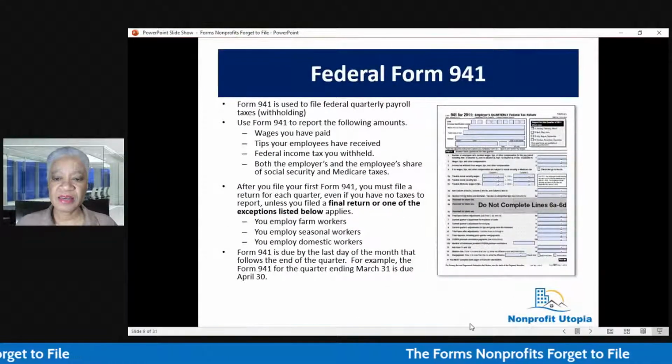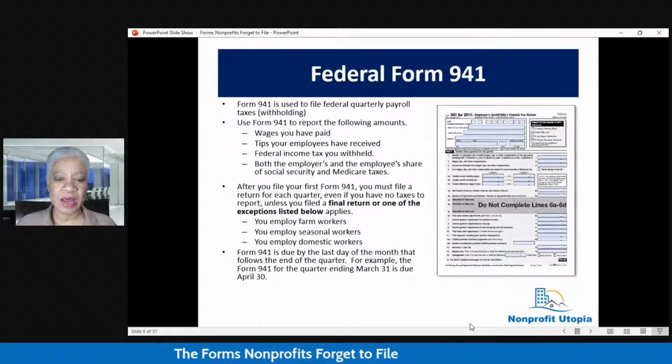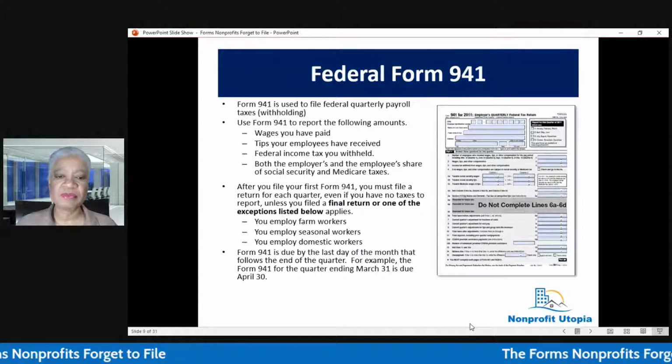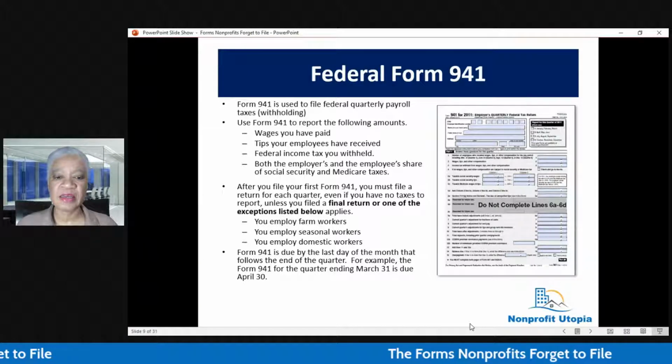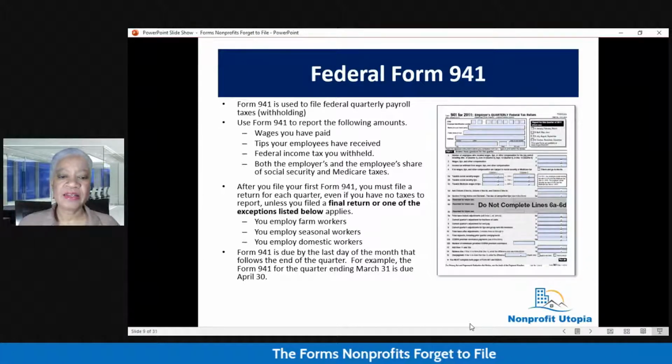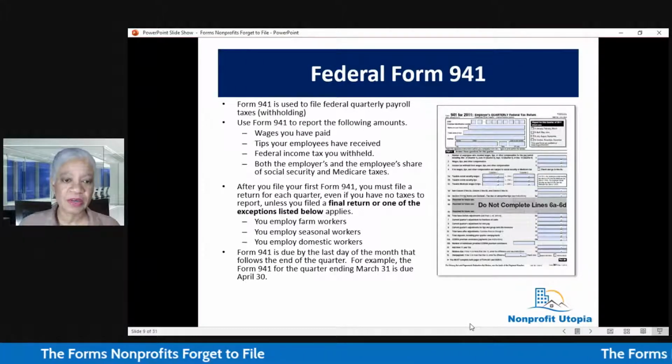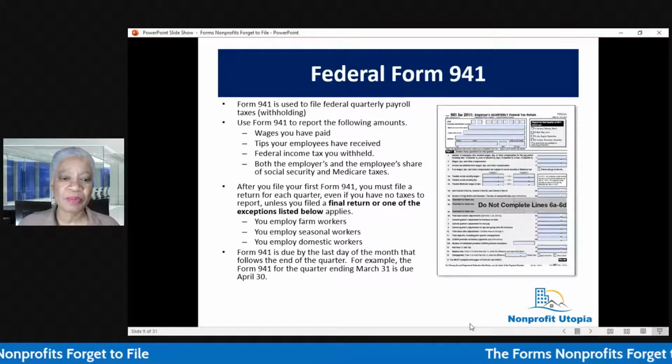So here is a picture of Form 941. And this is basically, as I indicated before, any wages that you have paid. Now, these are the instructions, regardless of whether you're for-profit or nonprofit.